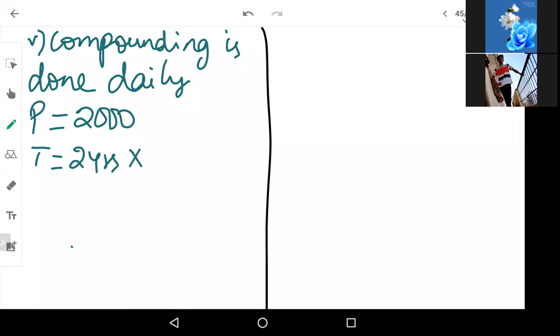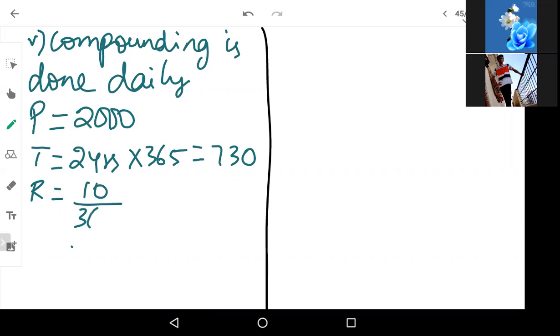So for 1 year, if it is 365 days, for 2 years it will be 730 days. Okay, and the rate of interest for 1 year it is 10%. Divide that by 365. So I think you will get some points. 10 divided by 365, 0.27397. Okay, we'll keep until that.